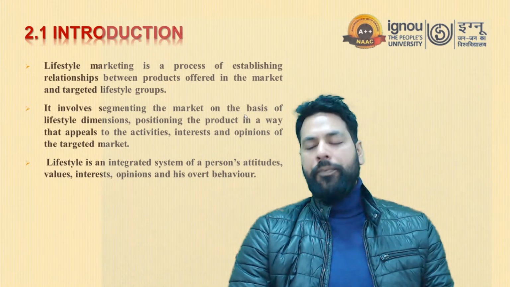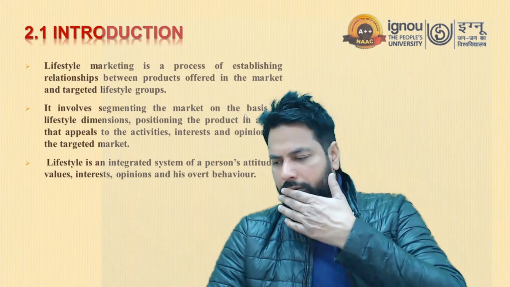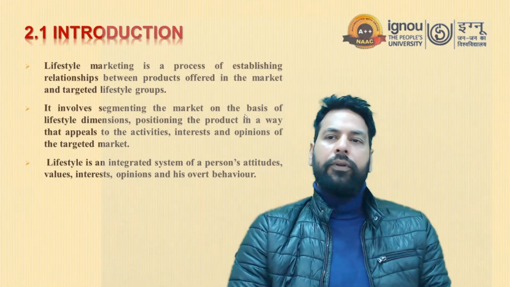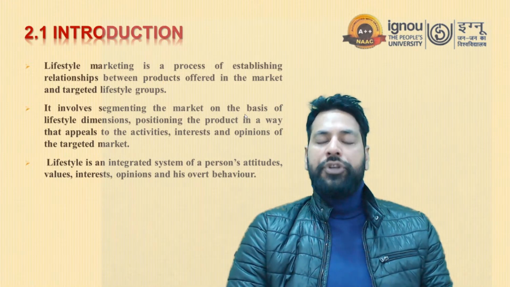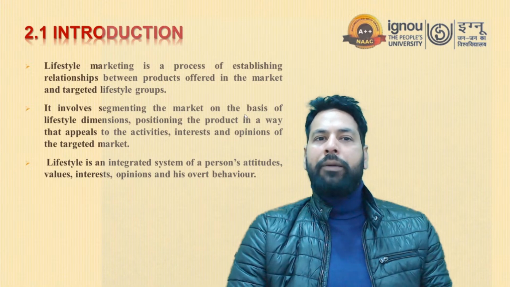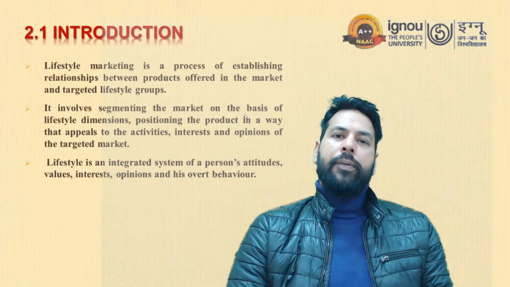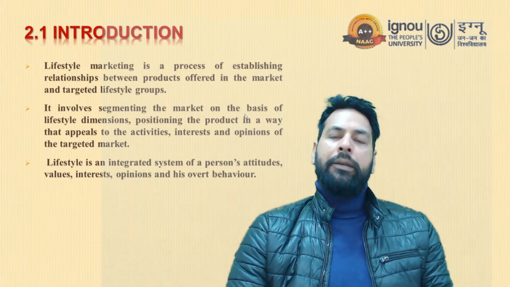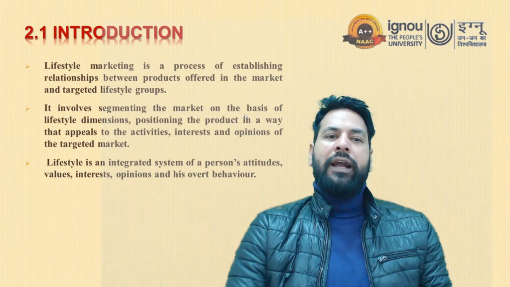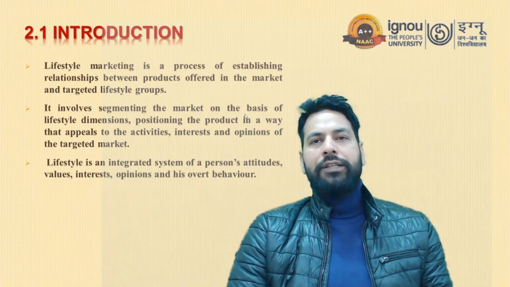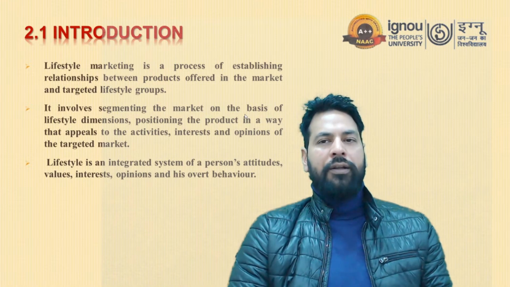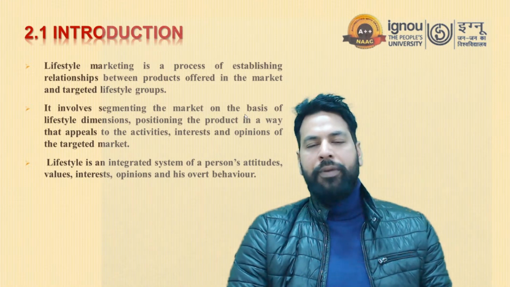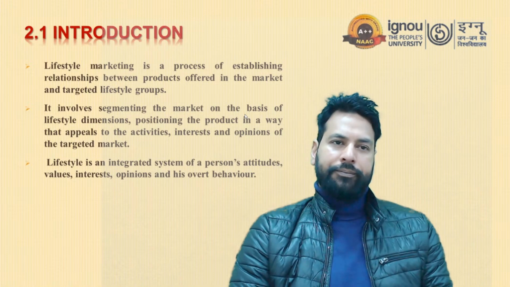So I will consume those products which help me in being more adventurous, or which will help me in pursuit of my adventurous activities. That's why lifestyle becomes an important factor as far as the consumer behavior subject is concerned.